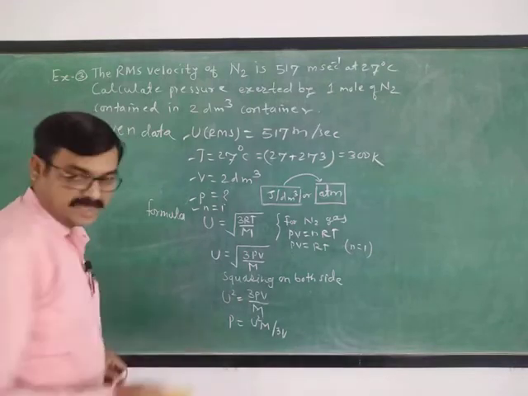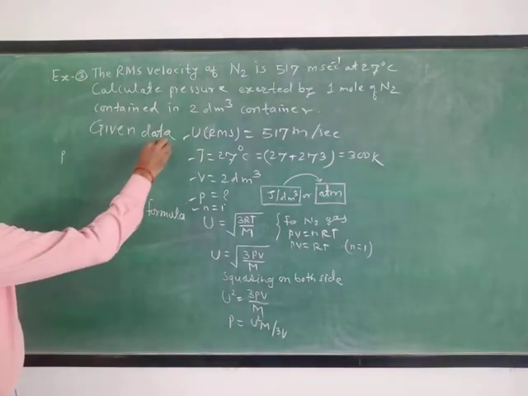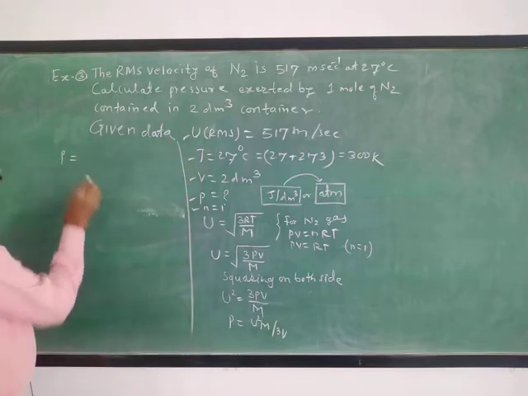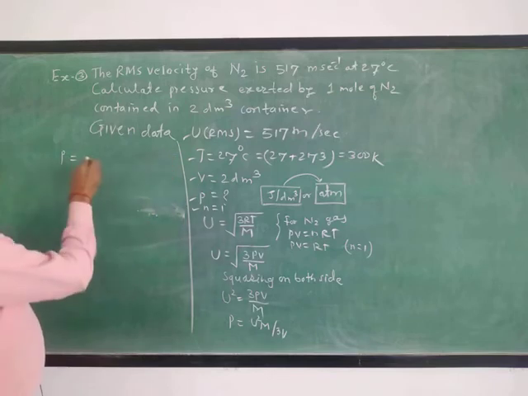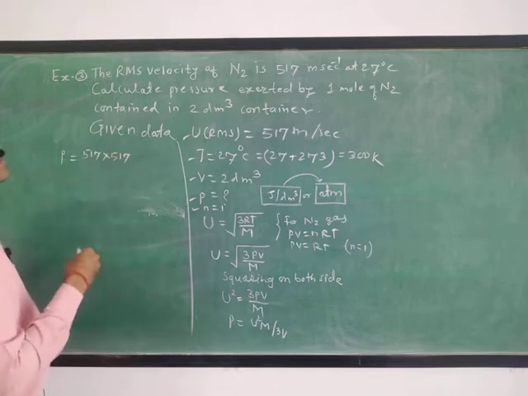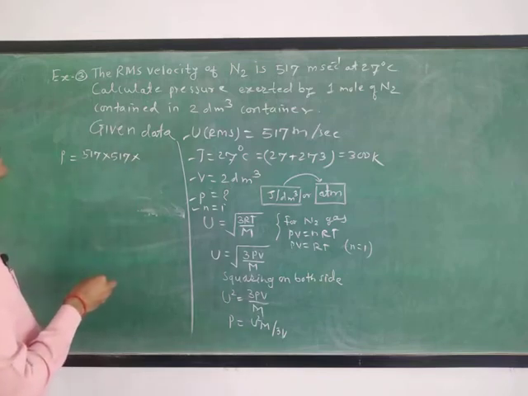P equals u square. What is the value of u? 517 meter per second, means its square is meter square per second square, into M. What is the molecular weight?